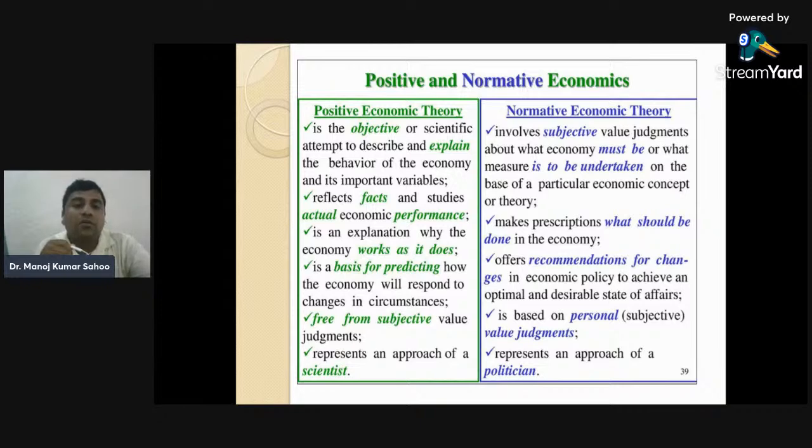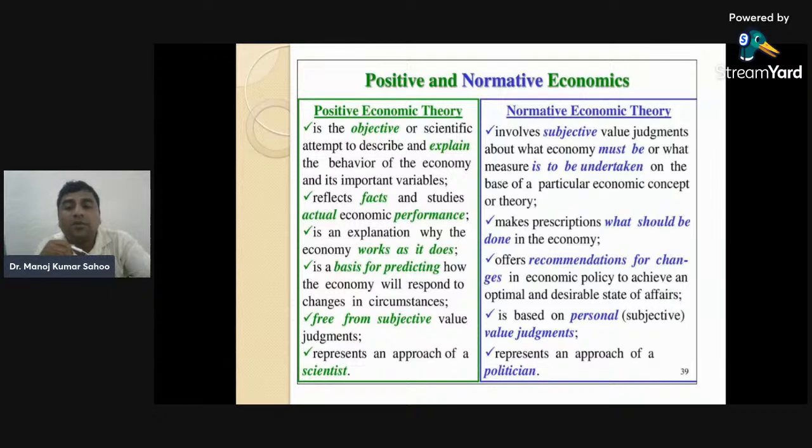Positive economics talks about facts and studies actual economic performance, whereas normative economics prescribes or suggests what should be done for the development of the economy. Moving to the next point, positive economics is a basis for predicting how the economy will respond if changes happen.